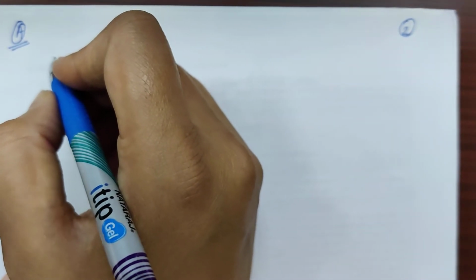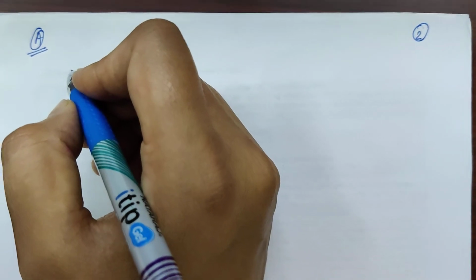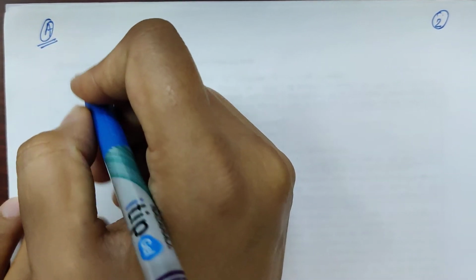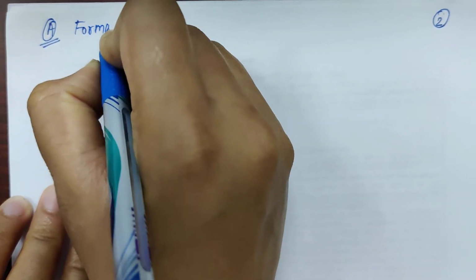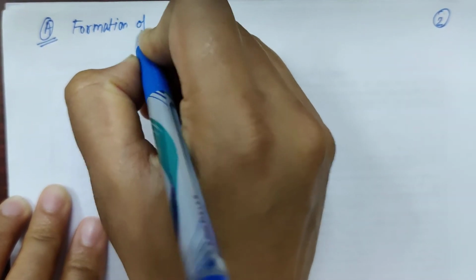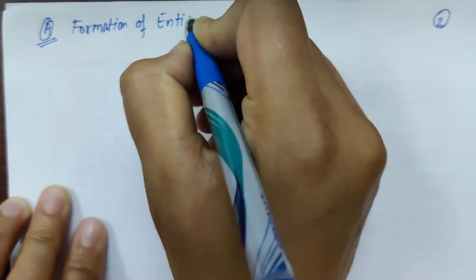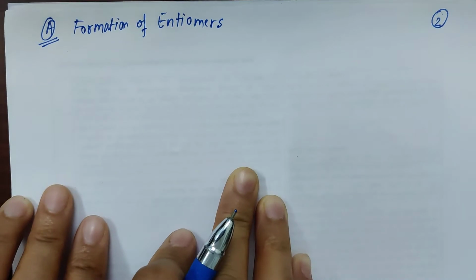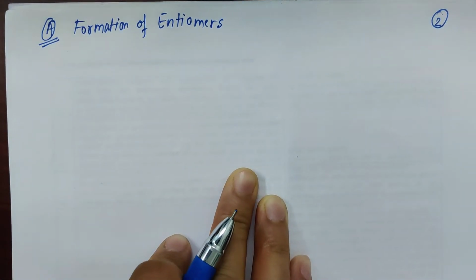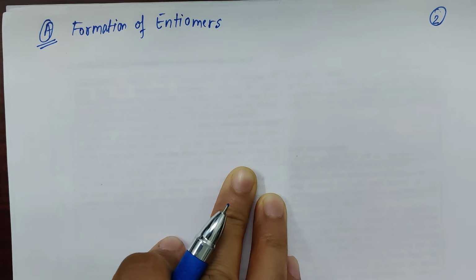I'll give this topic a heading A. We will discuss some different kinds of reactions in which formation of enantiomers takes place, or let's say those reactions in which a stereocenter is generated.